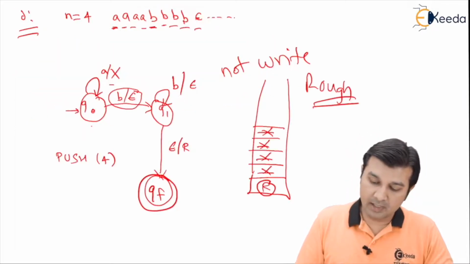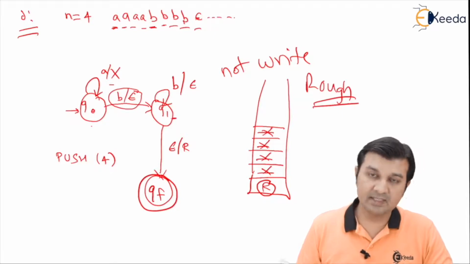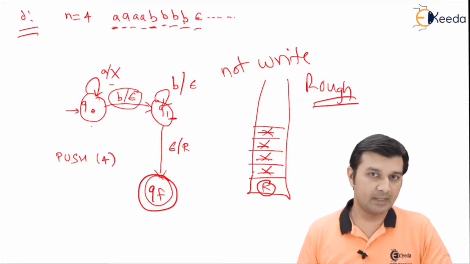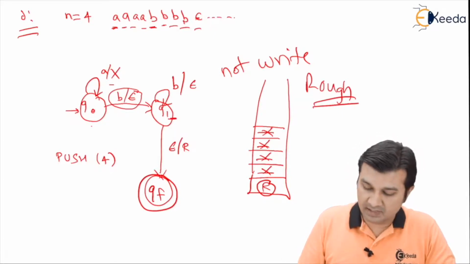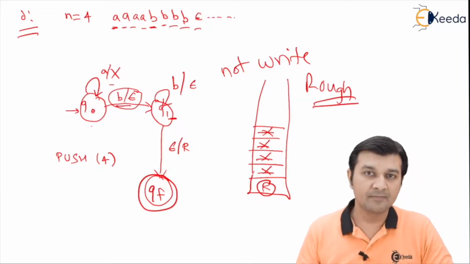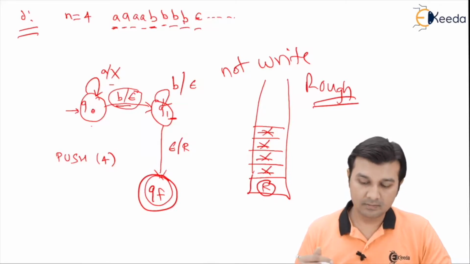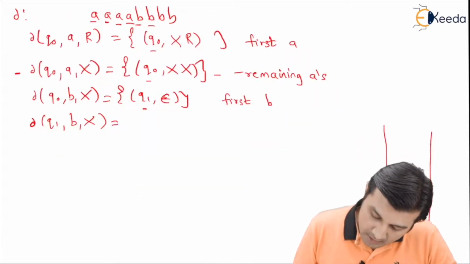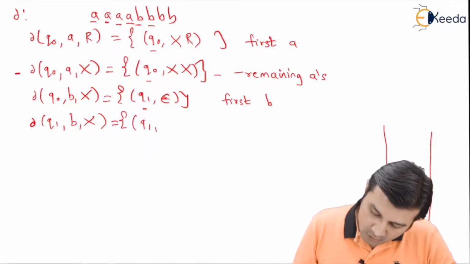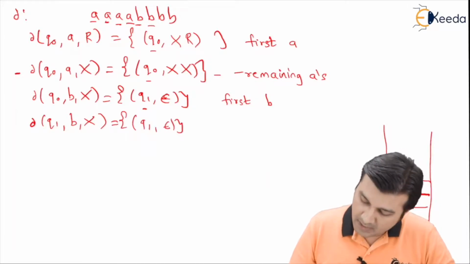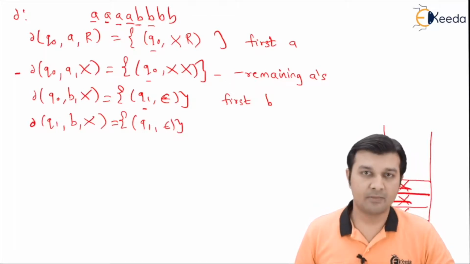So you can see over here, now things are going to get repeated inside state q1 for all of the remaining b's. Only for the first transition over here we had a state change. Later on we need not have. Therefore I say over here, for the remaining b's, q1 comma epsilon. Now that is going to remove my second x from the stack.